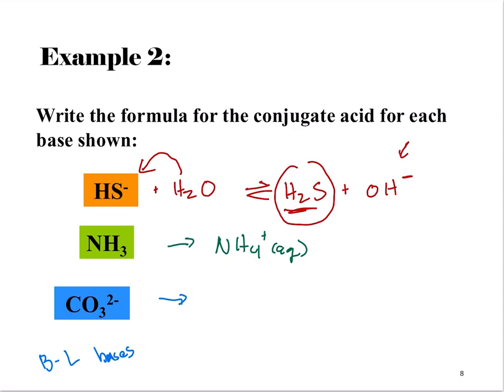So it'd be HCO3 with a 1 minus charge, because you've added one proton, which is a positive charge of 1. So the total charge goes from 2 minus to 1 minus. So these would be the conjugate acids for each of these chemical formulas.